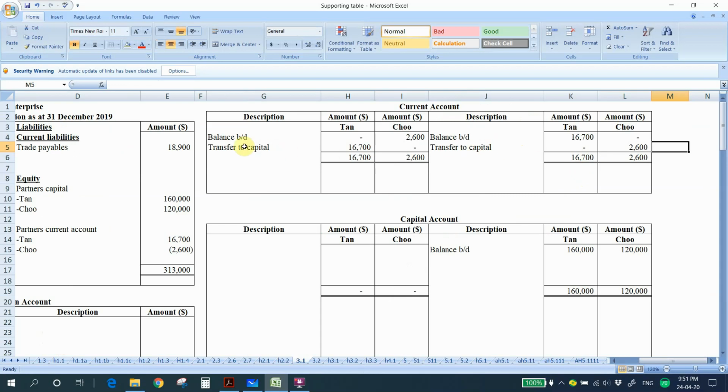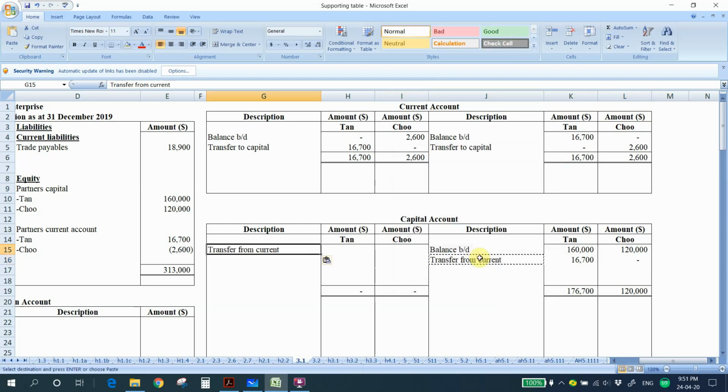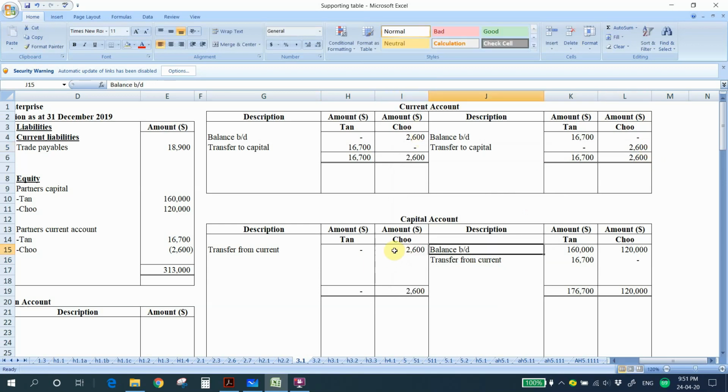For Dan, the double entry is debit the current account and credit goes to the capital account. And for Chu, we credit the current account and debit goes to the capital account.